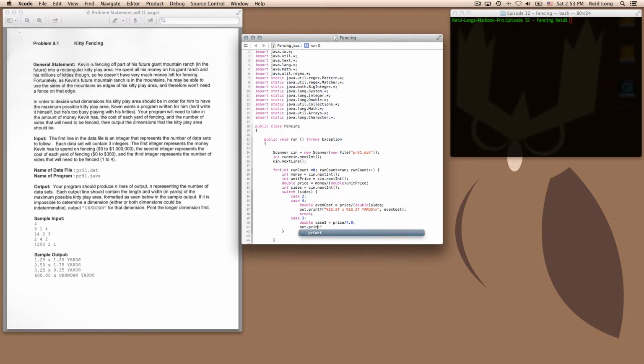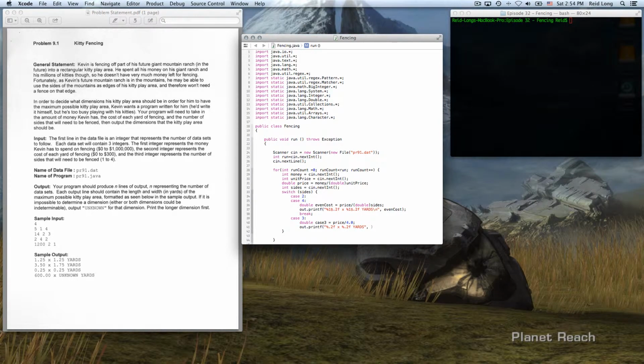And then you're going to do out.printf %.2f x %.2f, so there are going to be two different variables here, and then yards. My first one is going to be case 3 times 2, because you solve for 4 sides and you only have 3 sides, so the one side, the larger one, is going to be twice as long as the side that is normal in length. And then you'll break out of that case.